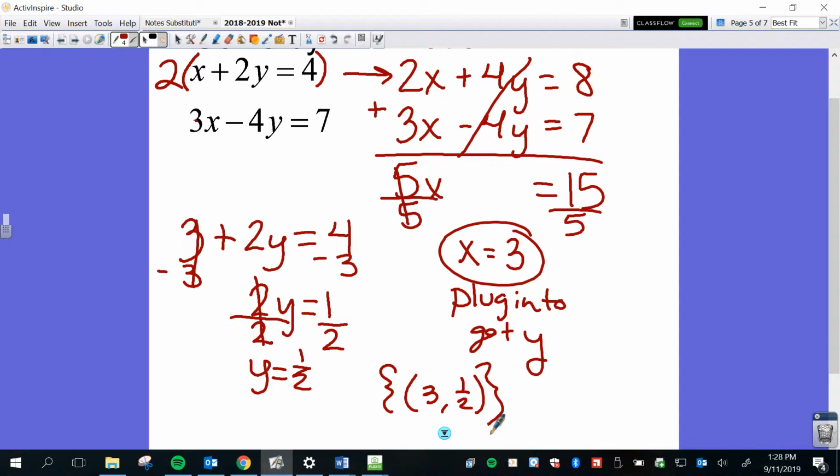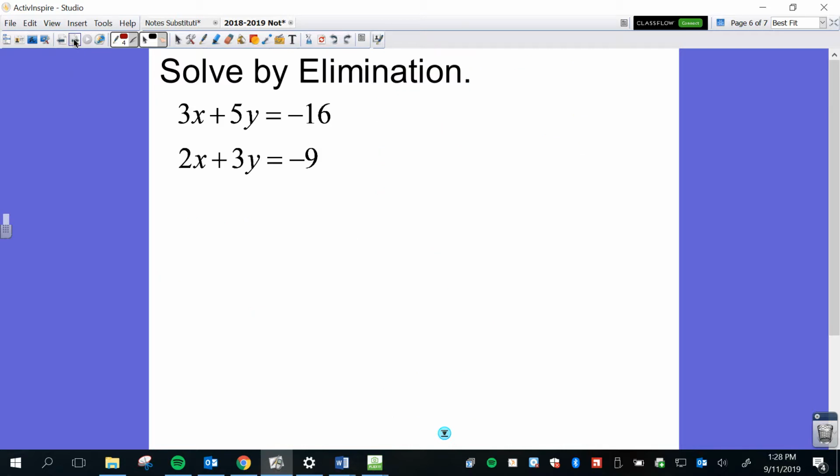All right, let's do another one like it, but in this next example, we're going to have to multiply both equations. Okay? So here's the next one. There it is. Go ahead and write it down. And as you're copying it down, be thinking of which variable we want to eliminate.